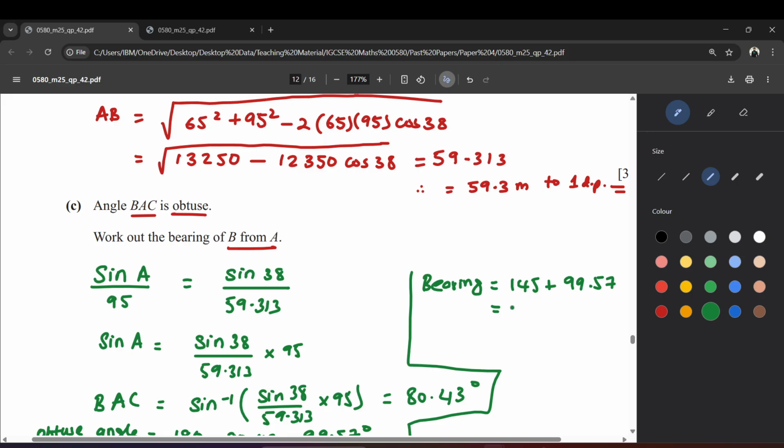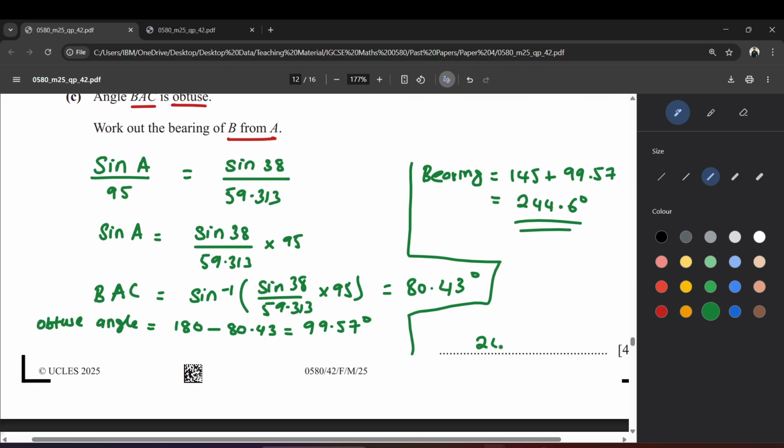So our answer is going to be 244.6 degrees. To one decimal place, I'm going to write my answer as this. Do not round it off to 245 degrees, because if your answer is in angles, it is better to give it to one decimal place.